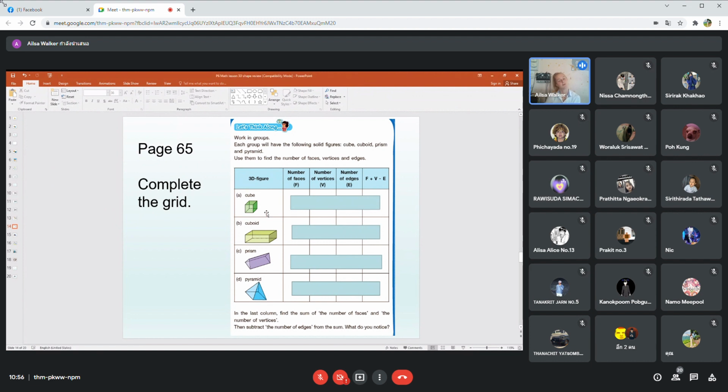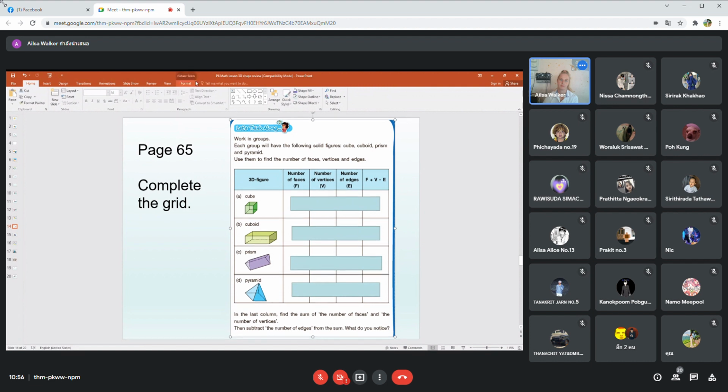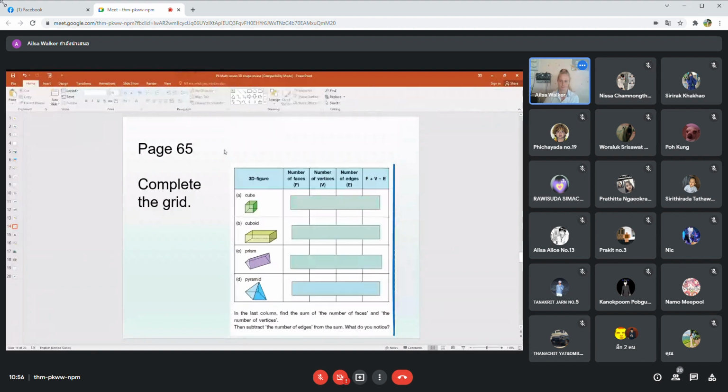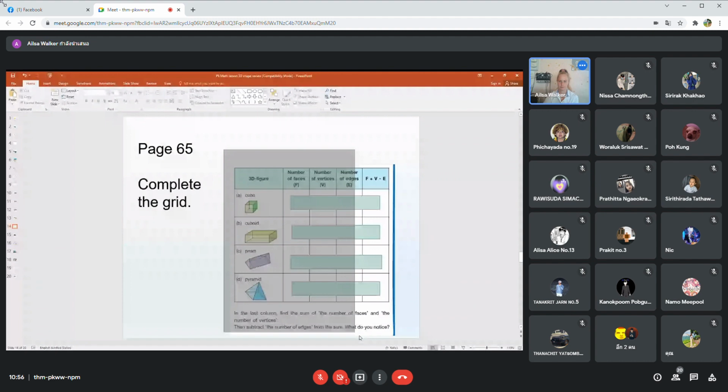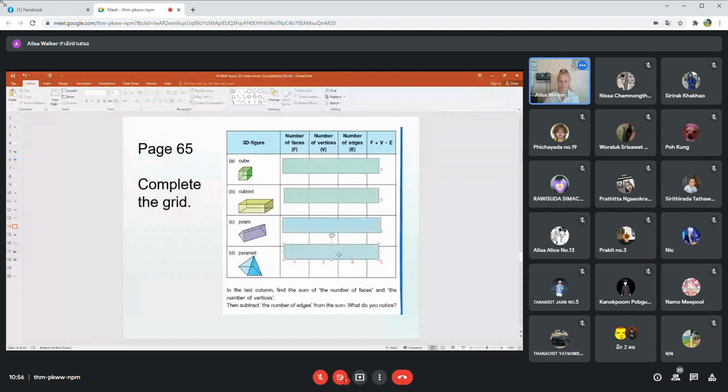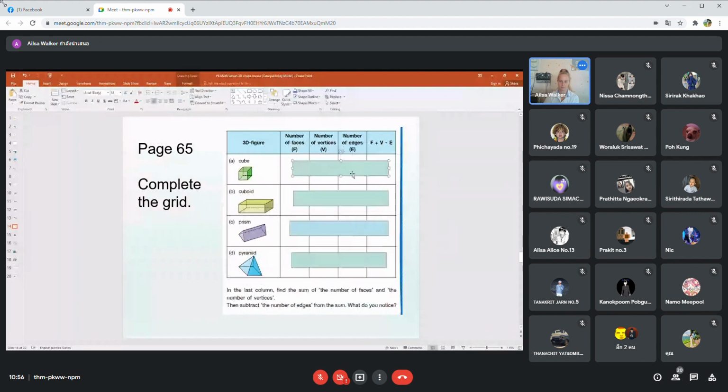Use the picture to help you. One more minute.